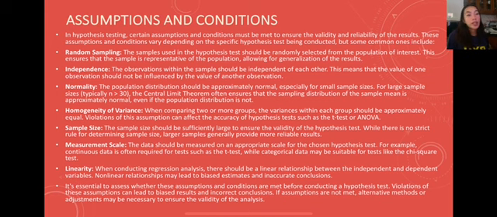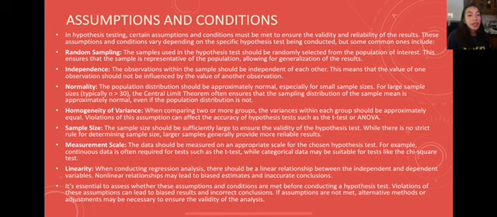Homogeneity of variance. When comparing two or more groups, the variances within each group should be approximately equal. Violation of these assumptions can affect the accuracy of hypothesis tests such as the t-test or ANOVA. Sample size.